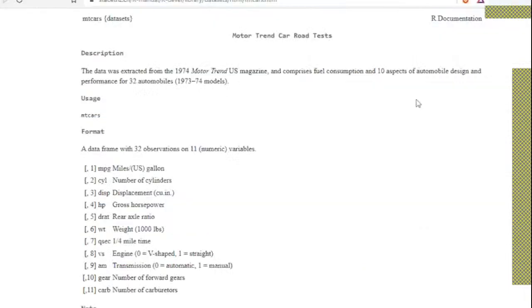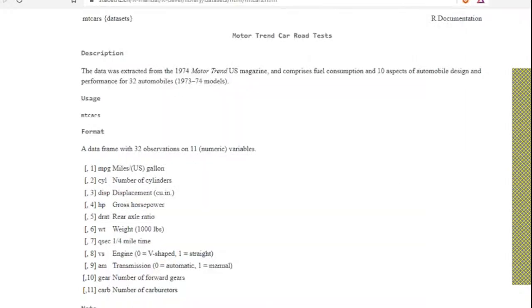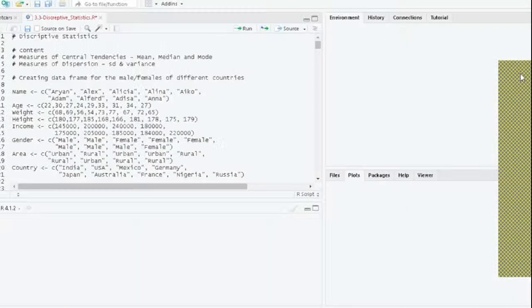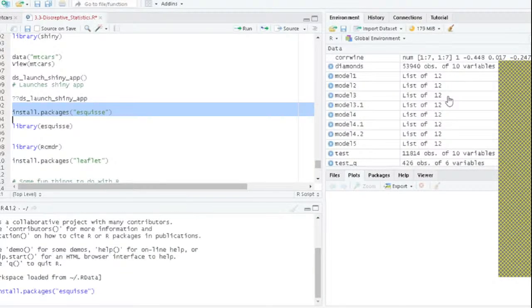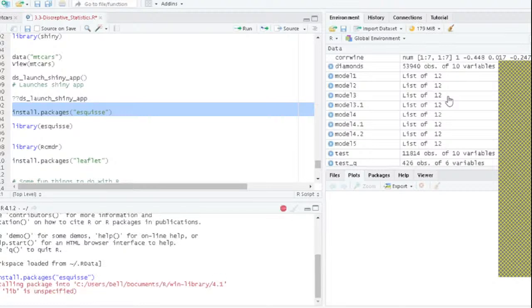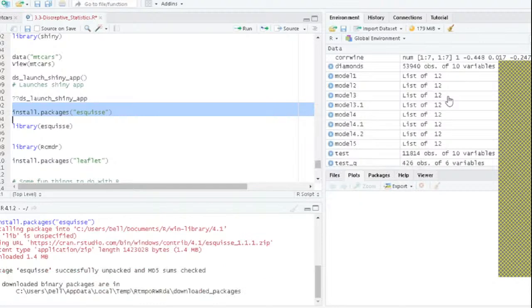I'll have to restart. I think R is, SQC will give you an interface wherein you just have to drag and drop and the visualizations will be created, right?